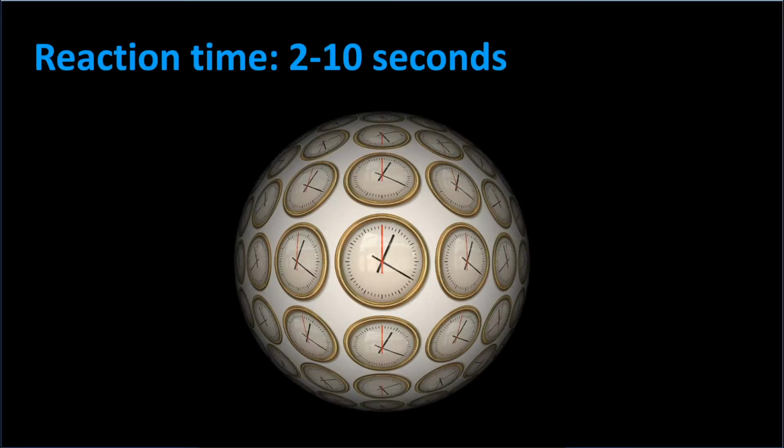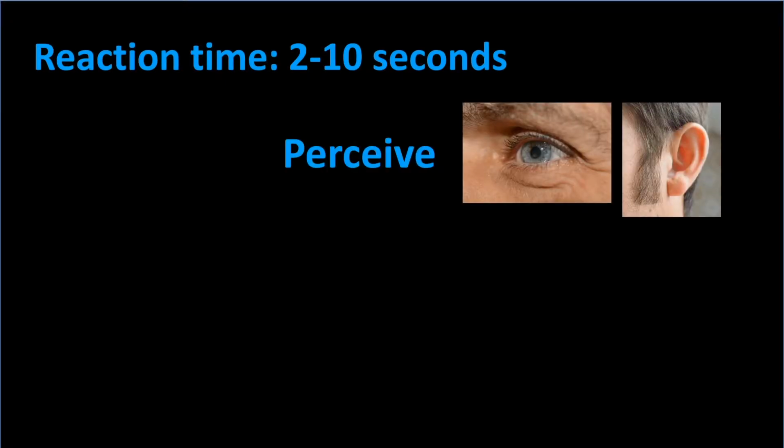According to FAA documents, depending upon the situation, a pilot's reaction time varies between 2 and 10 seconds. Reaction time involves the 3 P's. Perceive is detecting something, usually by sight or sound.